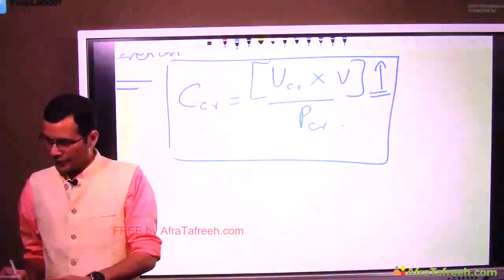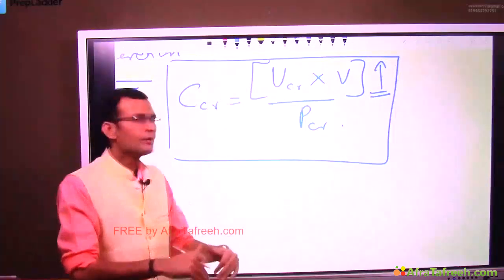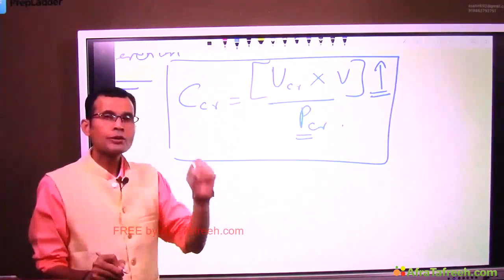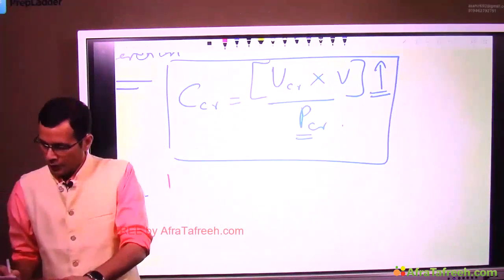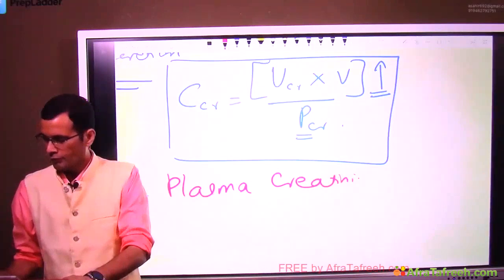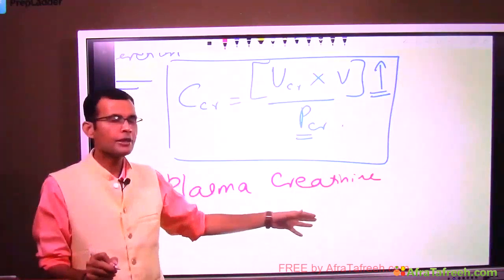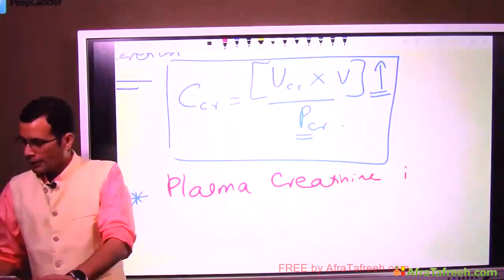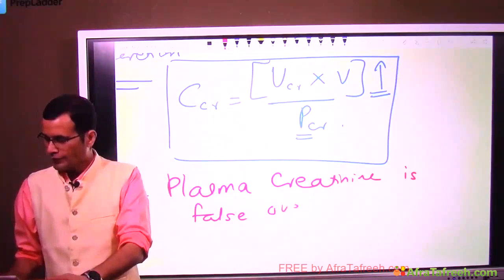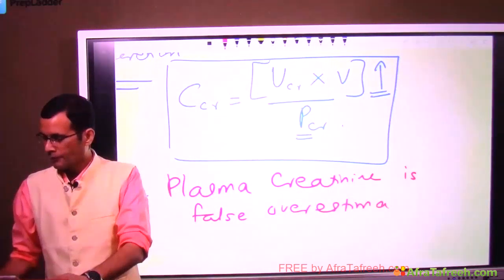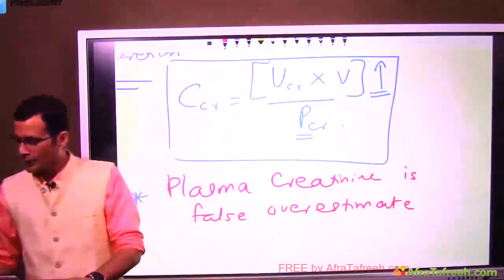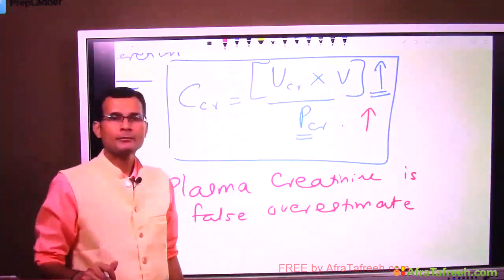I need to tell you the second factor in this equation, that is plasma concentration of creatinine. So listen to me carefully. Plasma creatinine concentration, which is the denominator in the equation, also is a false overestimate, by about 5 to 10%.